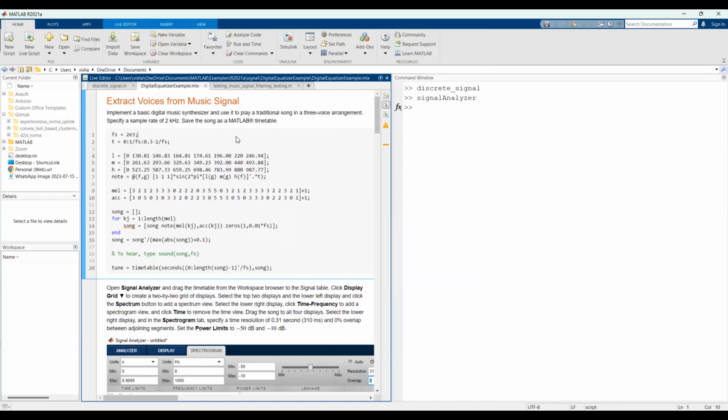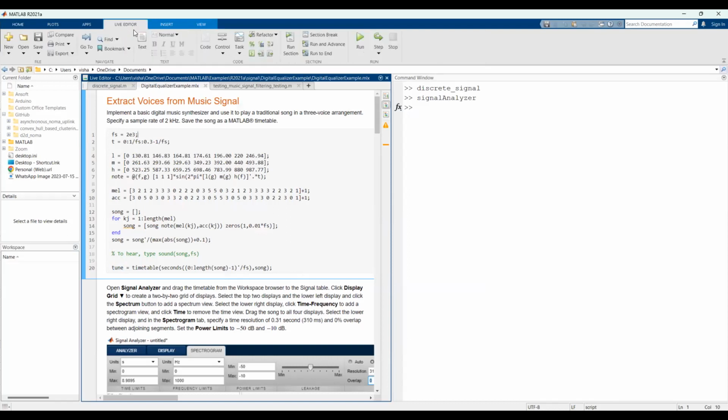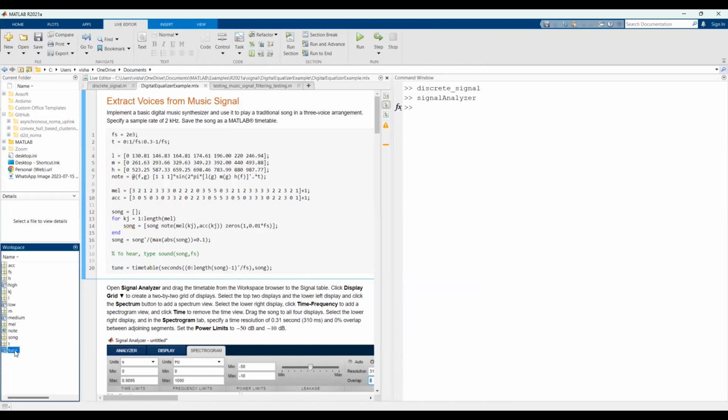I will first go to the editor and run this. Then once I run it, I will be able to see a variable called tune in the workspace, right? And then I can use this parameter in my Signal Analyzer app.